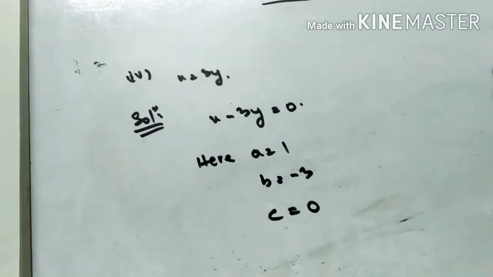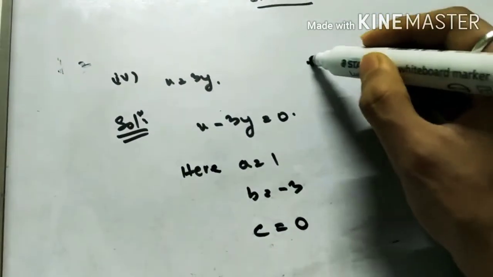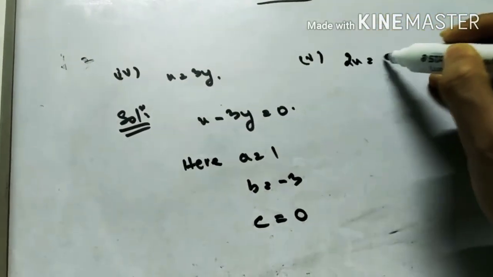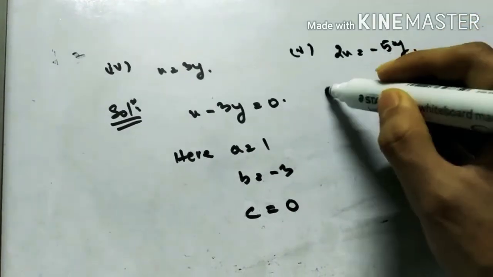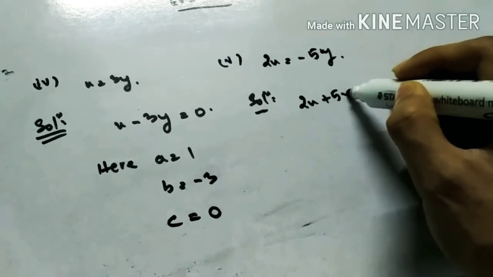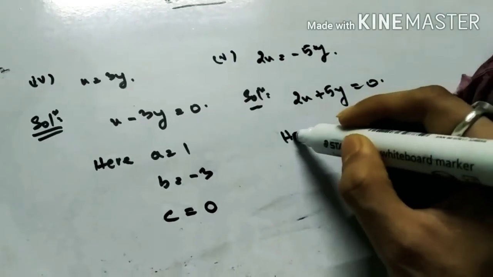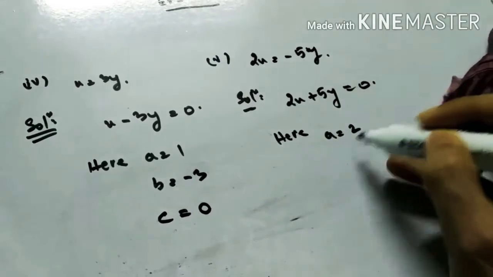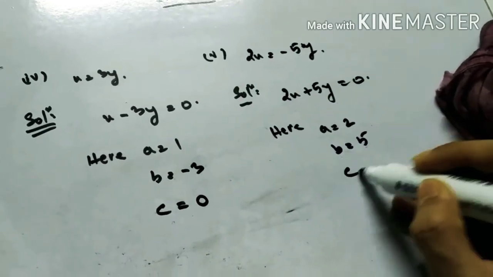Number 5 is saying that 2x is equal to minus 5y. You can write it this way: 2x plus 5y is equal to 0. So here a is equal to 2, b is equal to 5, c is equal to 0.